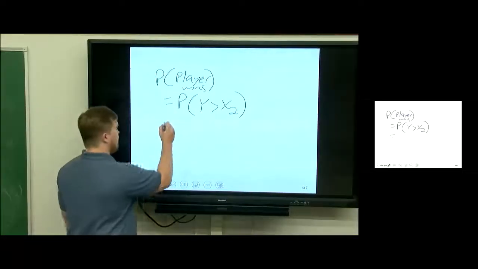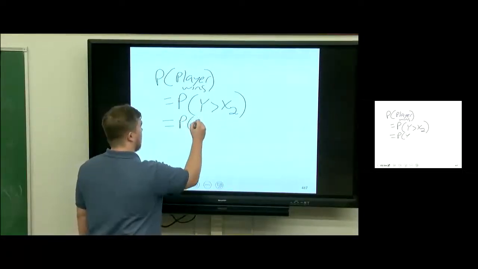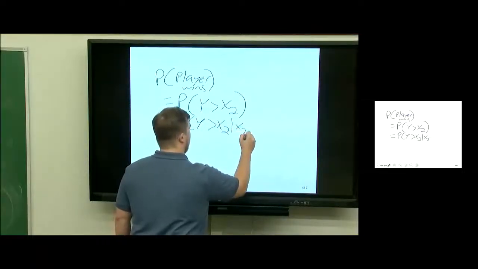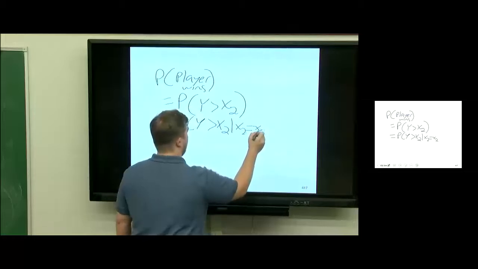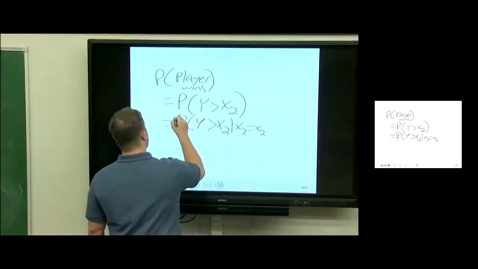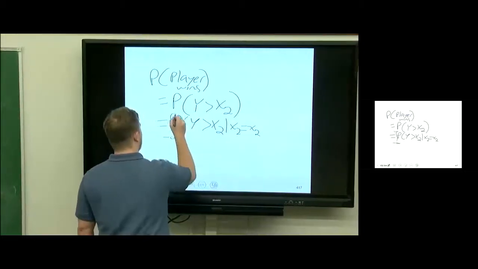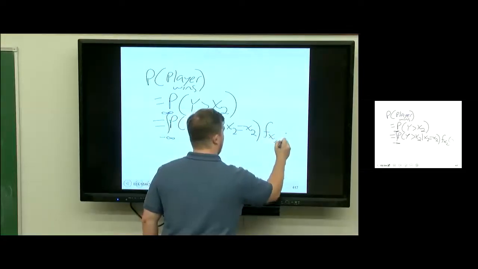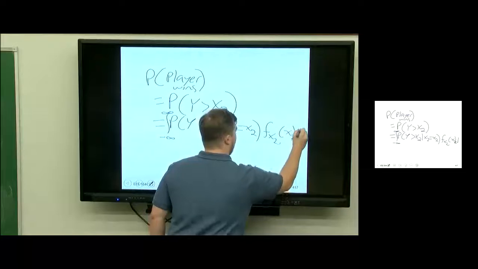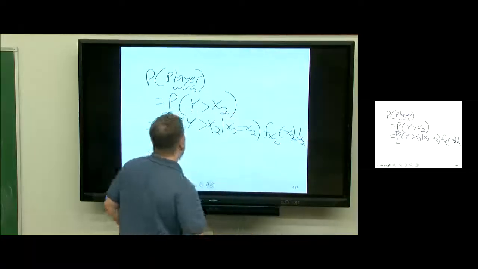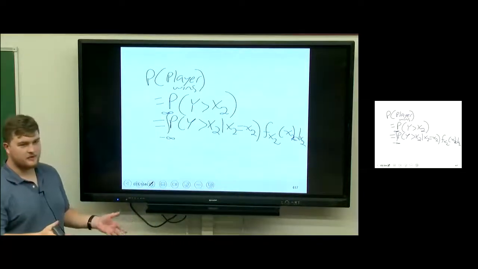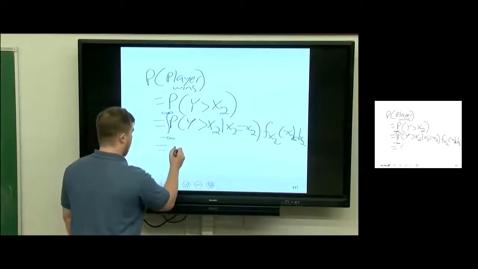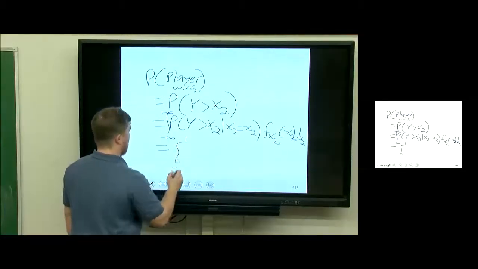Well, we can apply total probability to this expression. And we can simplify this, because x2 can only take values from 0 to 1, so we can simplify the integral.